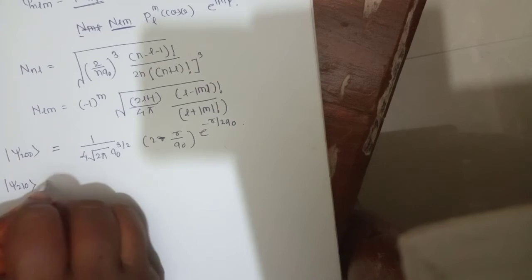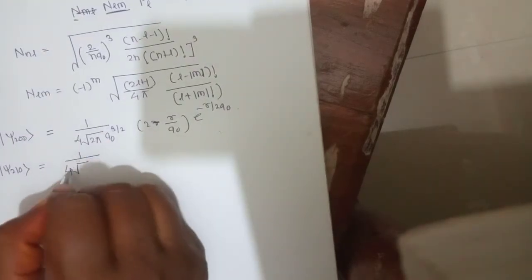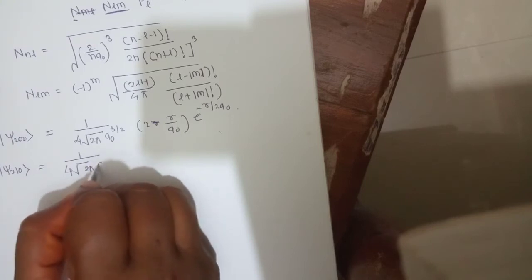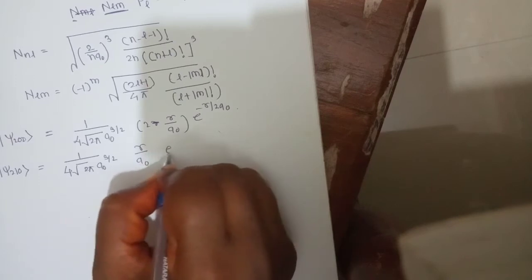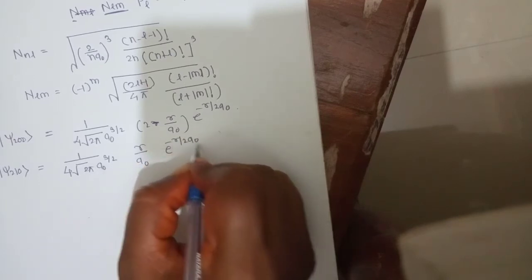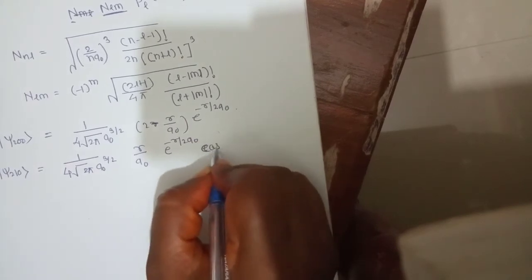Psi 210 becomes 1 upon 4 square root of 2 pi, a naught to the power 3 by 2, r by a naught, e to the power minus r by 2 a naught, cos theta.